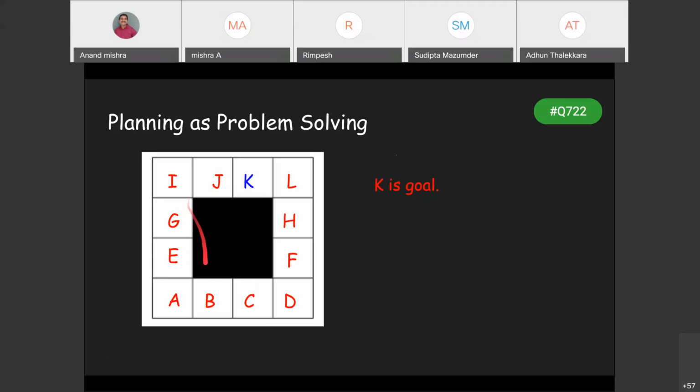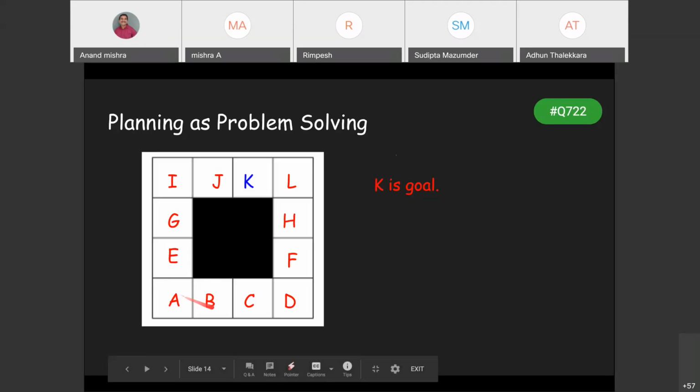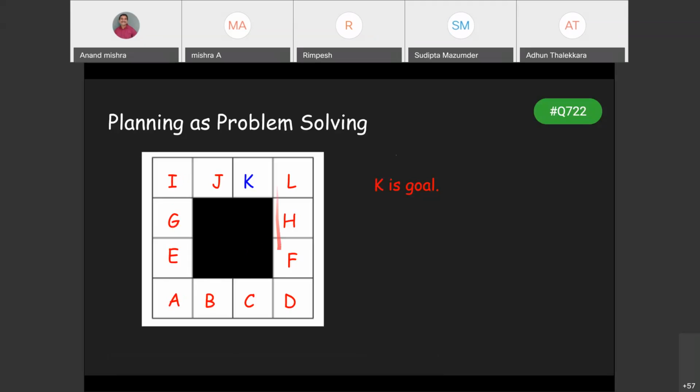You are in different rooms, and you ask the robot to go to the kitchen. So kitchen is the goal, K is kitchen, and from all other rooms we should have a set of instructions for the robot so that it can reach K. It is a very simple problem.